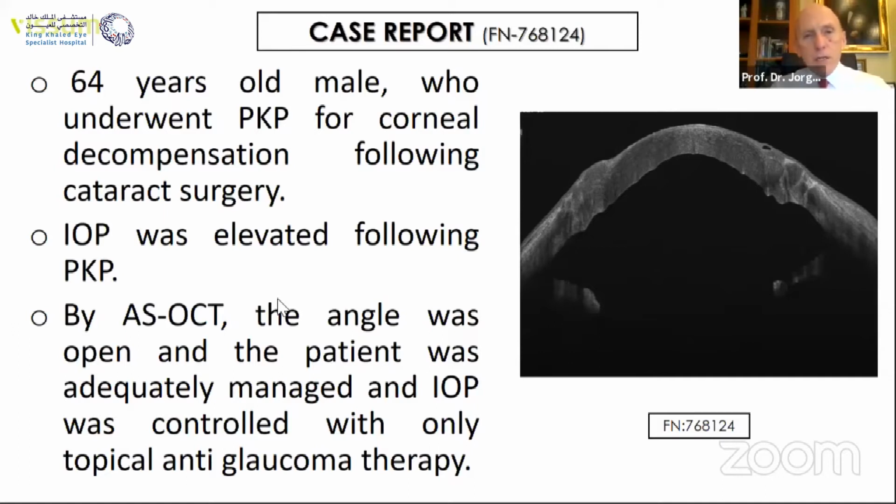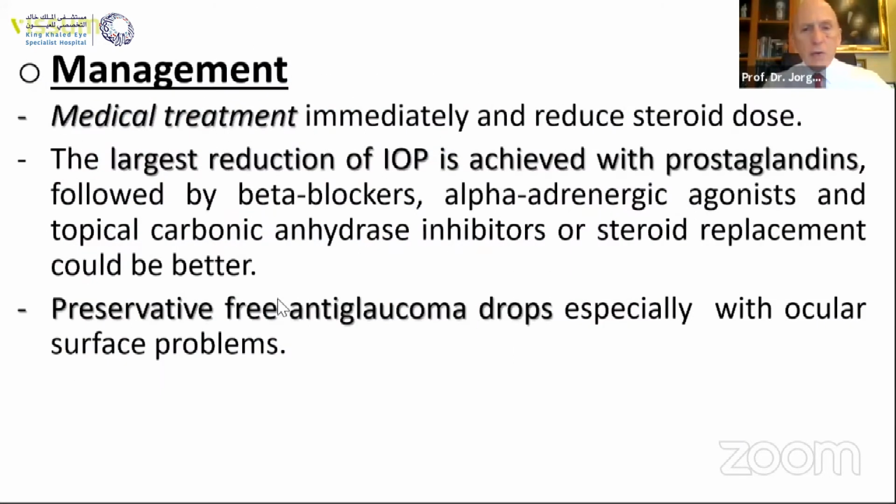These cases, when you don't have any anatomical problem, you have to consider as good candidates for topical medical treatment. You have to think that the molecules that are most effective following corneal graft are prostaglandins, followed by beta blockers, and so one of the main medications prescribed is prostaglandins associated with beta blockers, which are sometimes indicated in early cases in which the intraocular pressure is increasing.